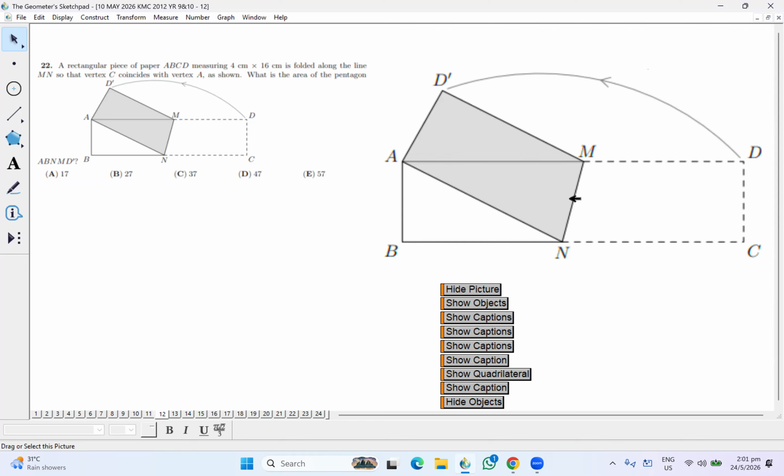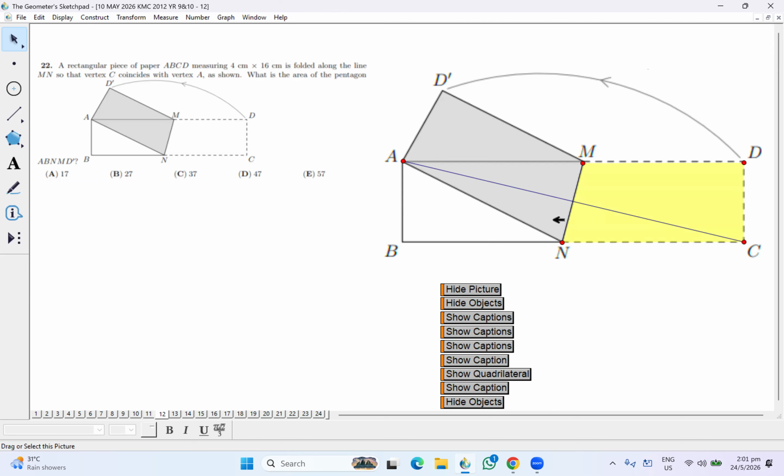The first thing is you draw a straight line from A to C, draw the diagonal, and then find the midpoint. After you get the midpoint, you draw the perpendicular. MN is perpendicular to AC. Like that. Then you fold, then you will coincide.